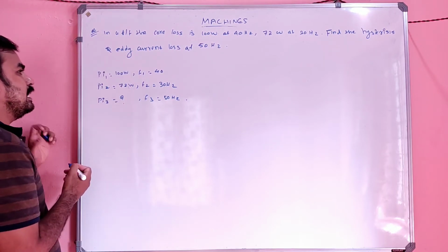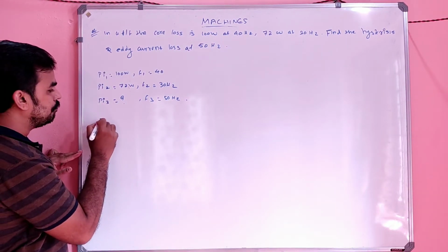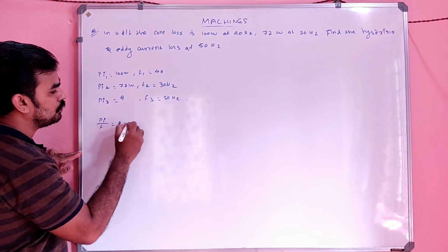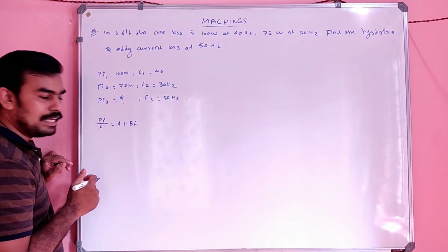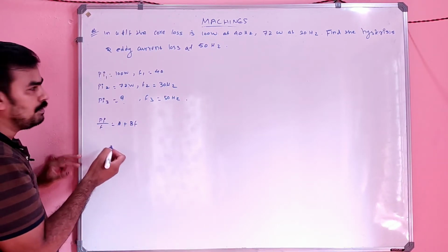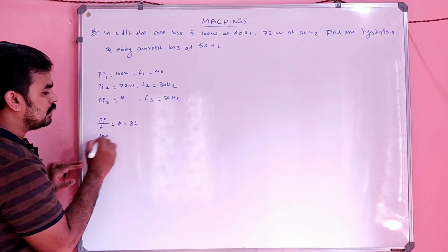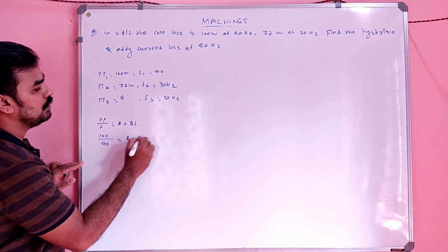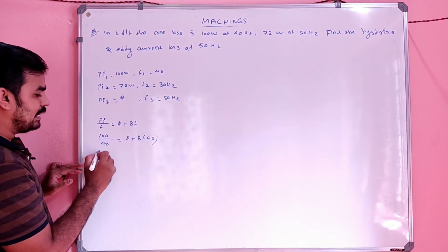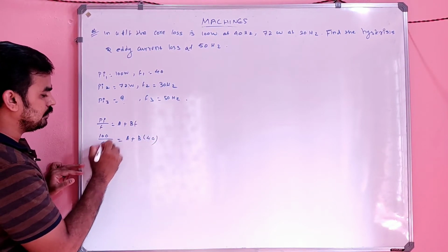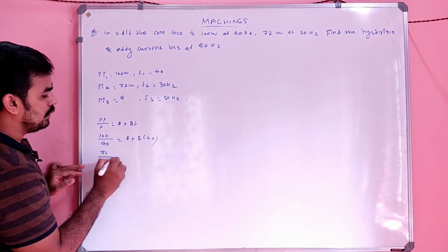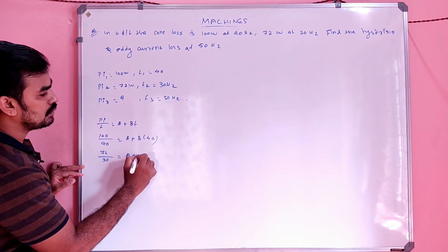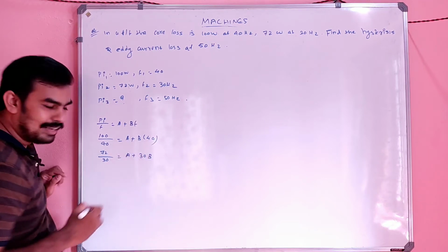Let's see that. If you have Pi, I can write Pi by F is equal to A plus B F, right? So in the first case, 100 by 40 equals A plus B into 40, correct? And in the next case, 72 by 30 equals A plus B into 30, correct?